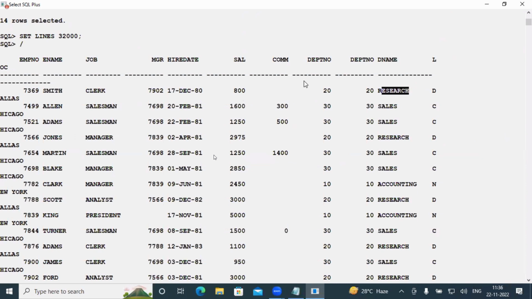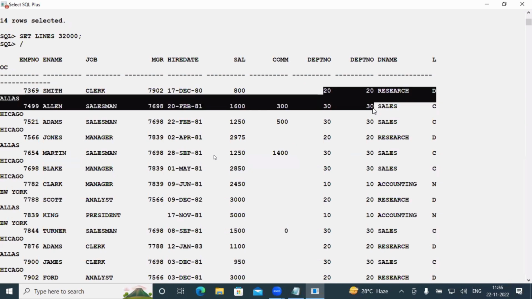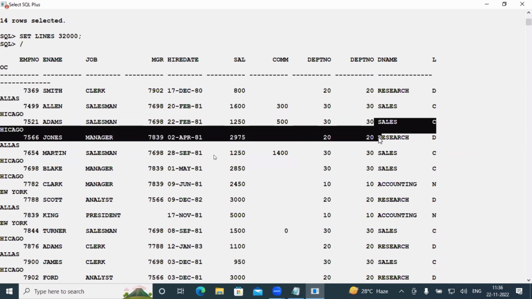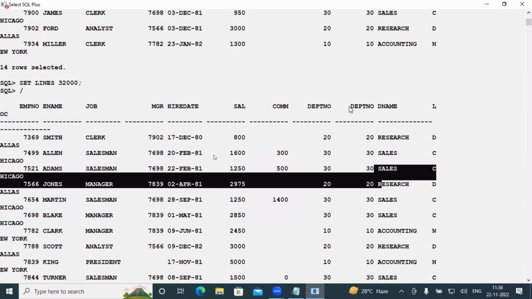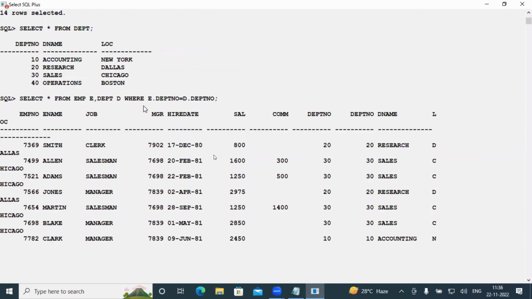So this is an equijoin. Here 20 matches 20, 30 matches 30, 30, 30, 20, 20, all matching. What am I using in my equijoin? The equal operator. So the department number of the employee table matches the department number of the DEPT table.